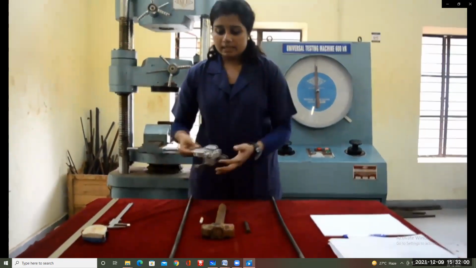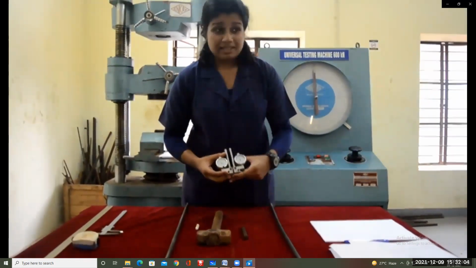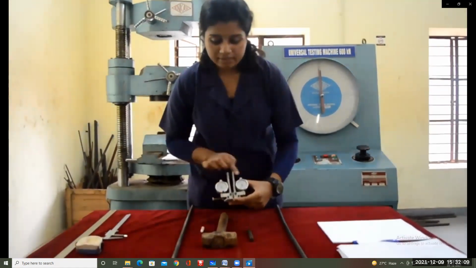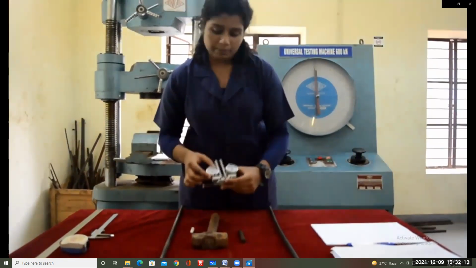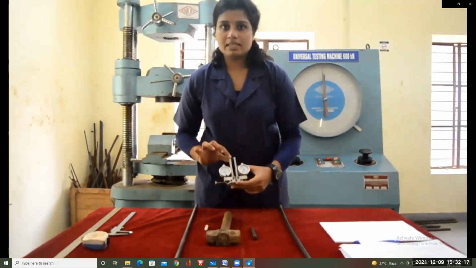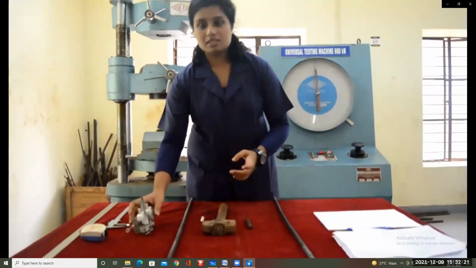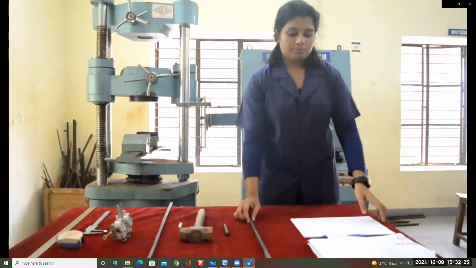For taking the elongations to plot the stress strain graph, we have the extensometer in our hand, which has two dial gauges, each with a least count of 0.01 mm. The limbs are selected on the basis of gauge length. Here for convenience we are taking a 10 cm limb.